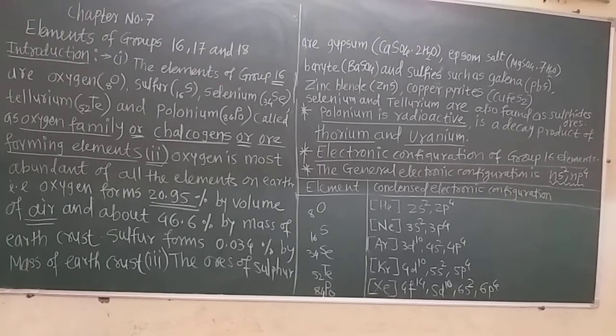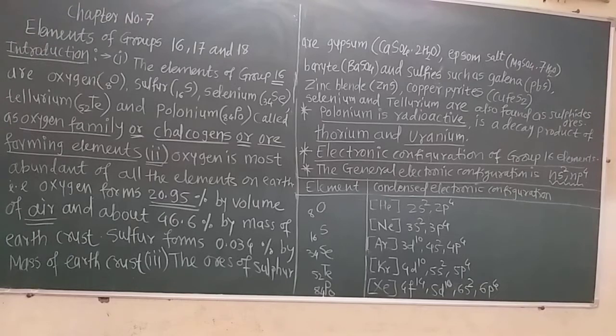Remember that figure is very important, 20.95% by volume. Oxygen is present in the air, which is such a large proportion of all the gases in the air. And it is about 46.6% by mass of the earth crust.